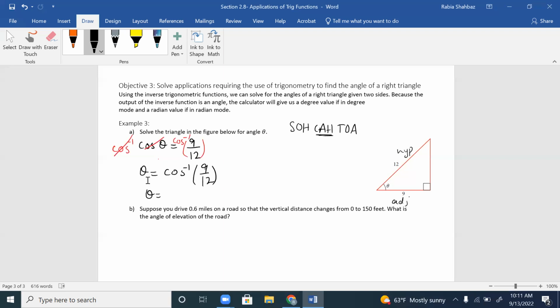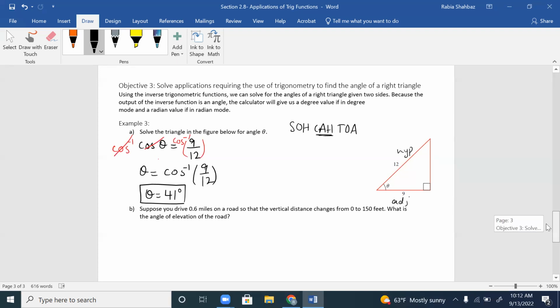So we're going to do cosine inverse, which is second cosine, because right above cosine you will see cosine inverse. And usually you're given the rounding instructions. Usually we ask students to round the angles to the nearest degree. So if you have to round it to the nearest degree, it will be 41 degrees. To the nearest tenth, it would have been 41.4.